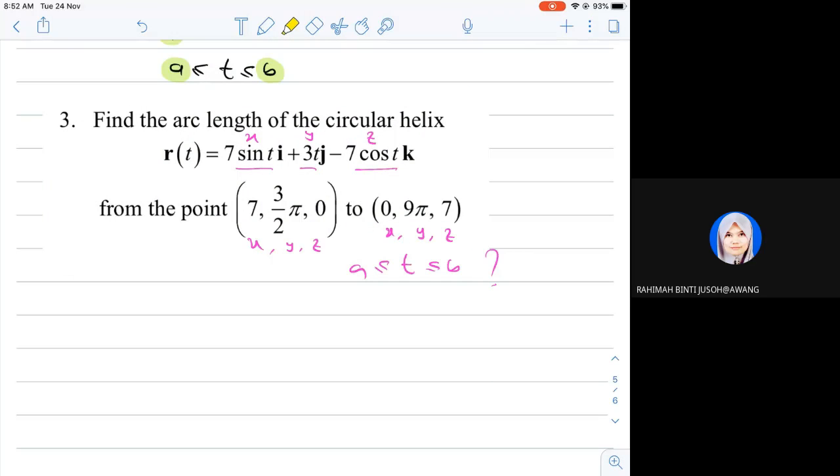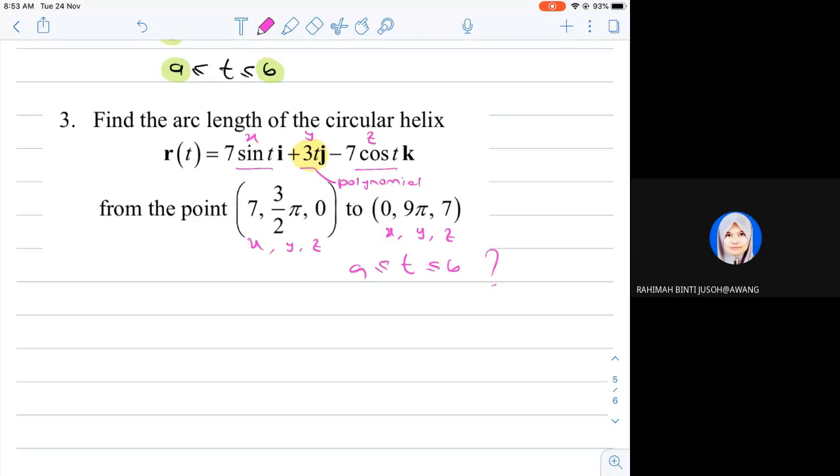In this case, the polynomial function is 3t for the y component. I'm not saying you cannot take sin and cos. You can, and I will explain later why it's complicated if you take sin and cos. But if you consider the polynomial function, which is 3t here, your solution will be easier.